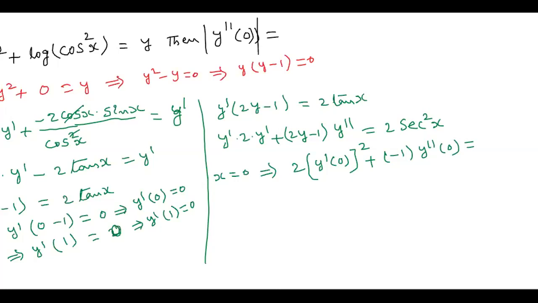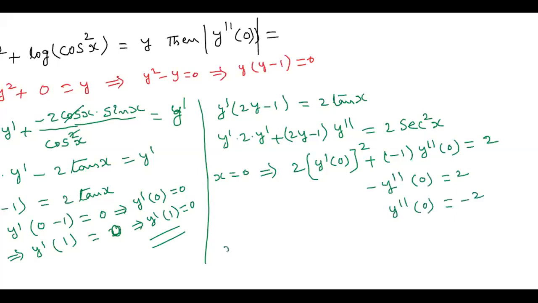Secant 0 value is 1, we get 2. And y dash of 0 is how much? Already we know very well here, that is also 0. So 0 into something, this is totally 0. Now we are getting minus y double dash of 0 is equal to 2. So y double dash of 0, that is equal to minus 2.